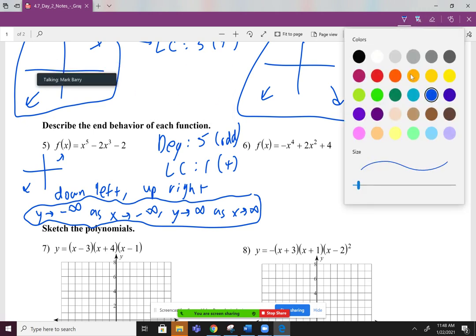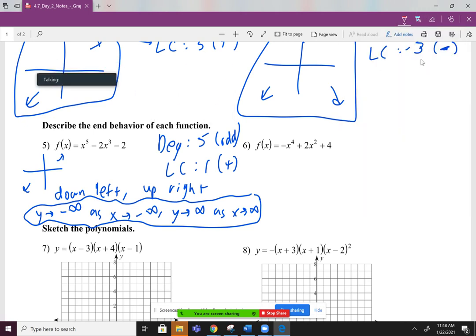All right, now number 6. This one's going to be a degree 4, even. Even negative. So that's like number 4, down to the left and down to the right, even negative.